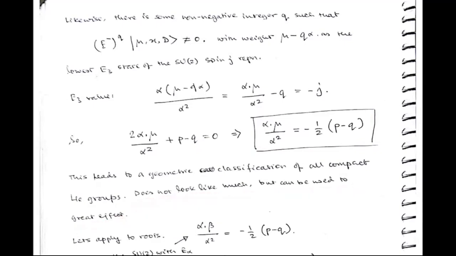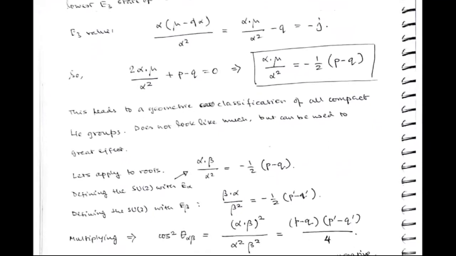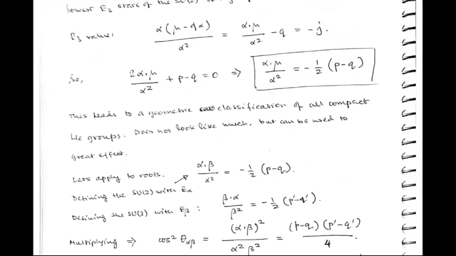So let's try to use this on some roots, okay? So let's apply this on roots. We are going to use it twice for any distinct pair of roots alpha and beta, okay?